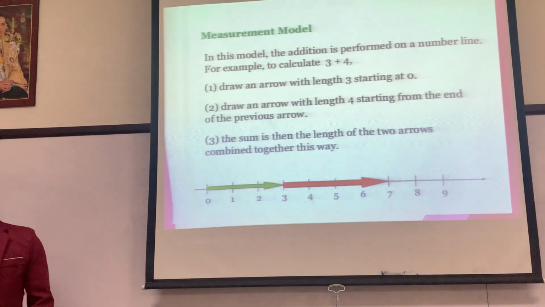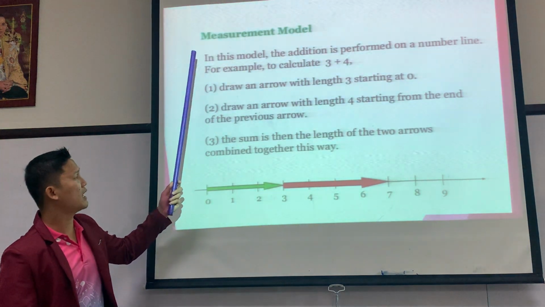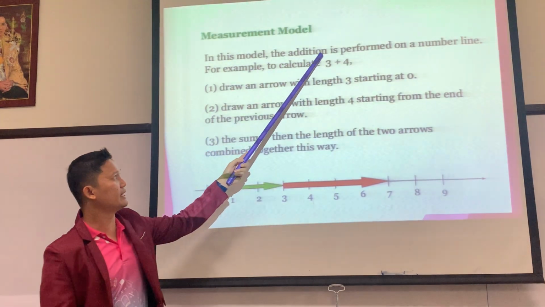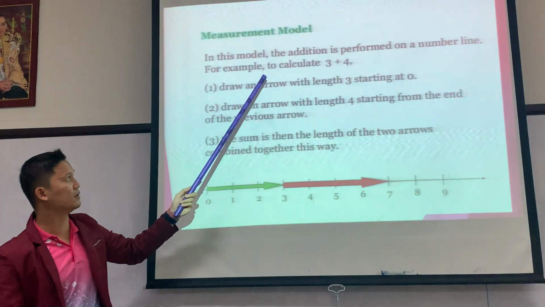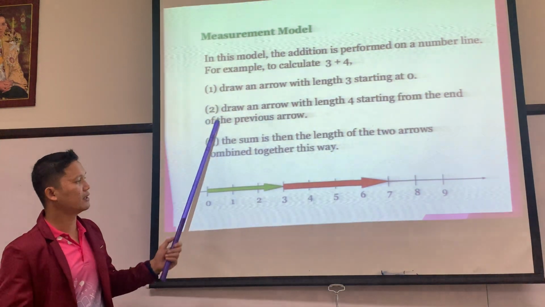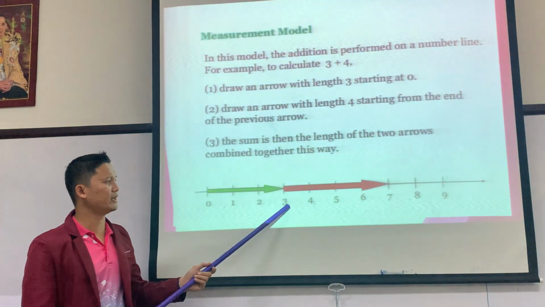Okay, so like this. So, measurement modeling. In this model, the addition is performed on a number line. For example, to calculate 3 plus 4, we count 1, 2, 3.